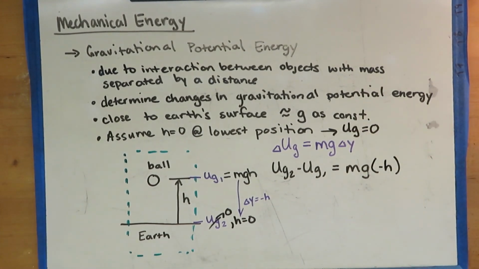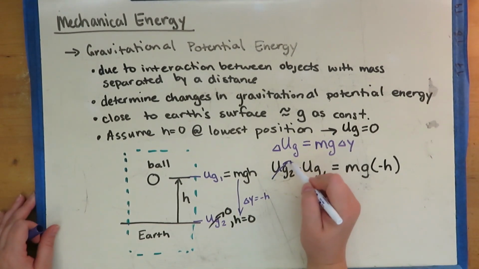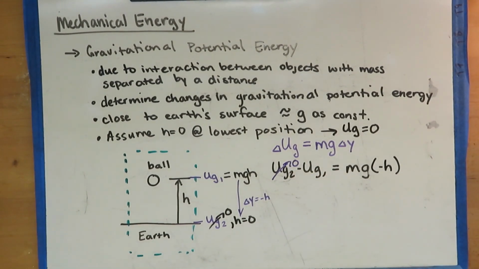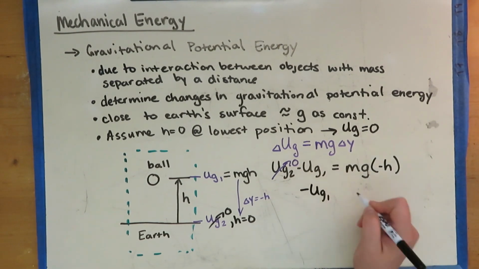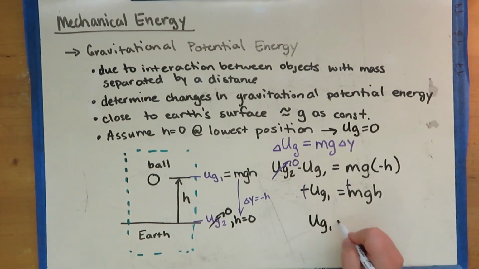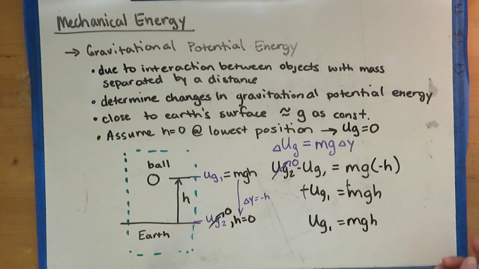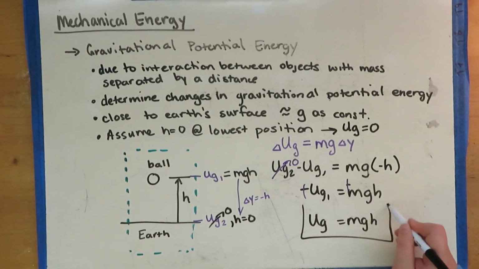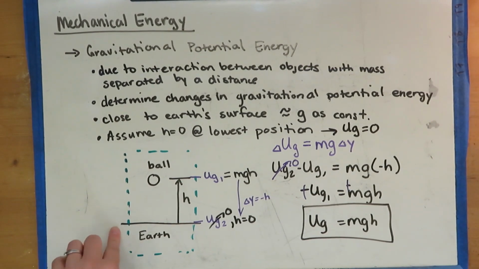And we're going to let our U_G equal 0 at the bottom, so U_G2 is going to be 0. So you get negative U_G1 equals negative mgh. We're just going to call that a positive, and our U_G at position 1 is just going to be mgh.